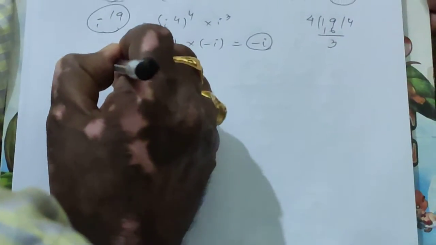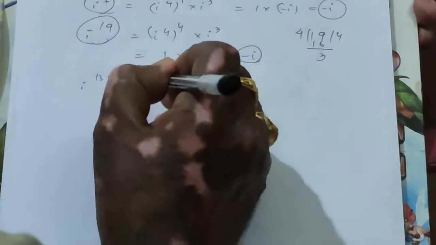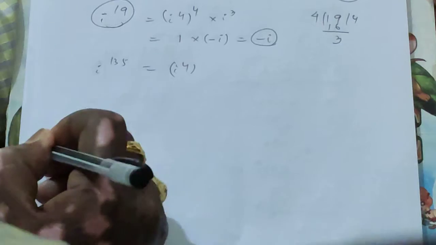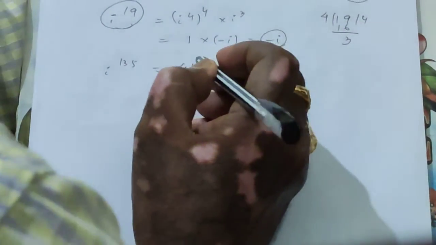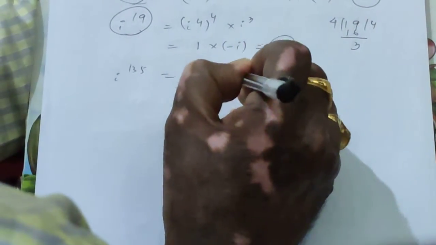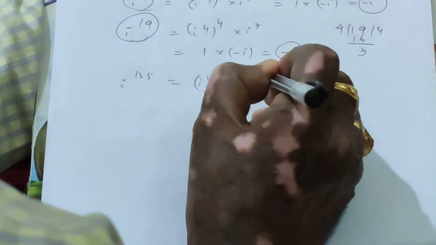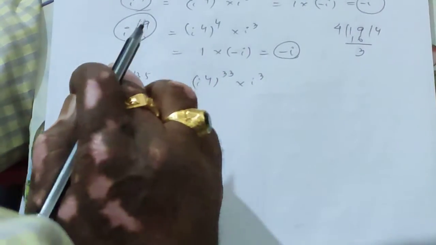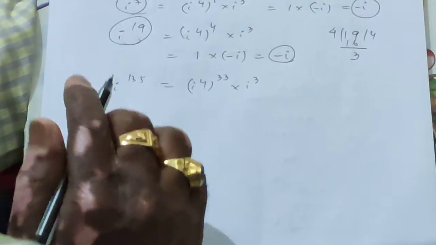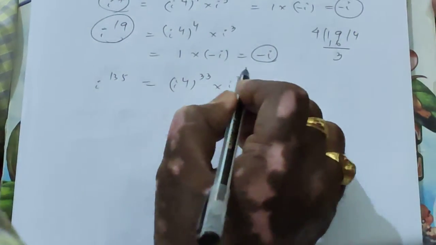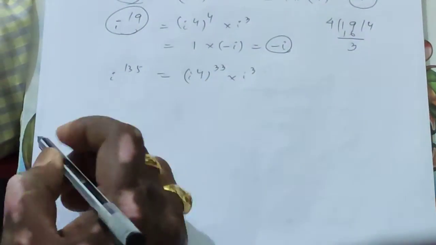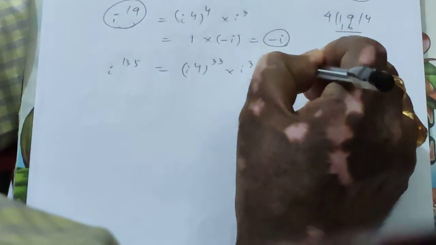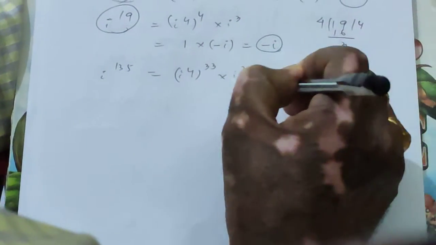Let i to the power 135. i to the power 4 to the power 33 into i cube. 135 leaves remainder 3 when it is divided by 4. So 1 into minus i equals minus i.